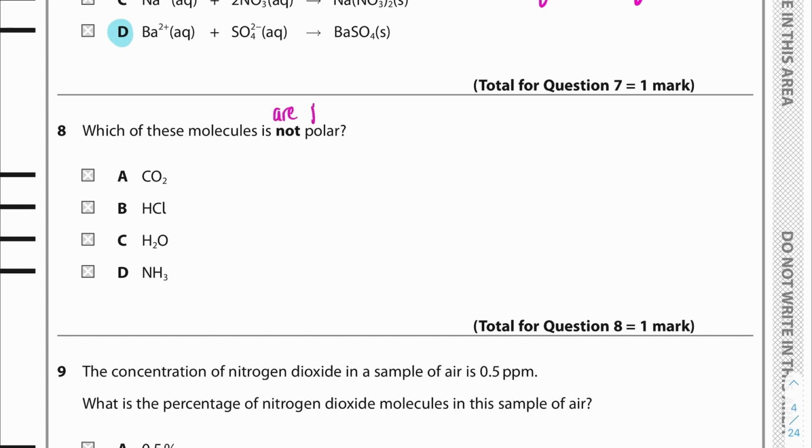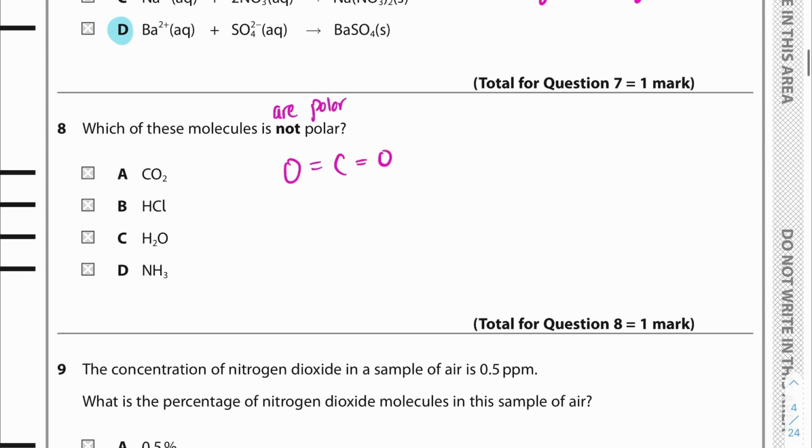Let's say I don't remember whether CO2 is polar or not. Let's look at HCl, then H2O, and we've got NH3. This is not 3D, but it's supposed to be 3D.